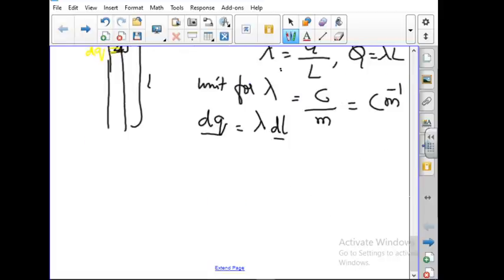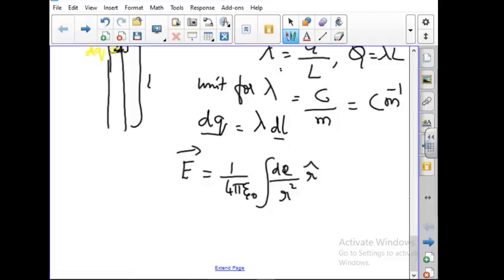Therefore the total electric field can be written as E is equal to 1 by 4 pi epsilon naught integral dq by r squared into r cap.